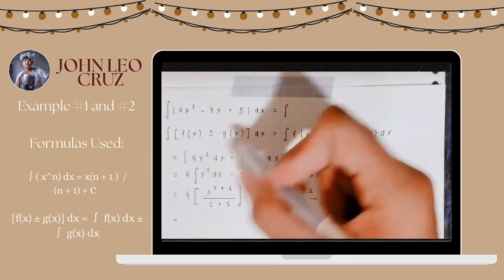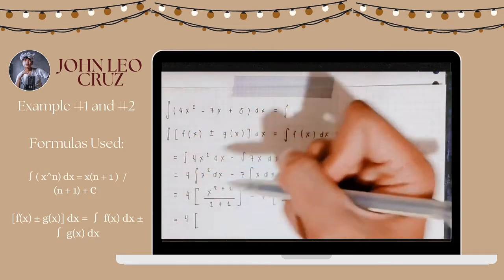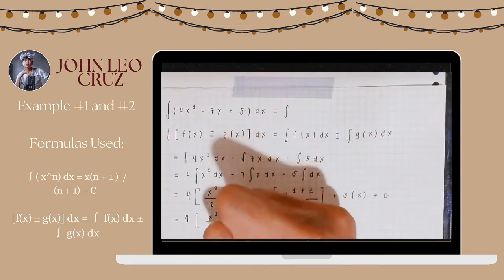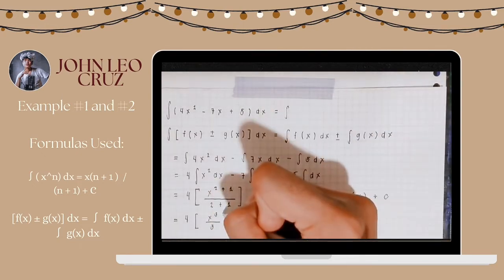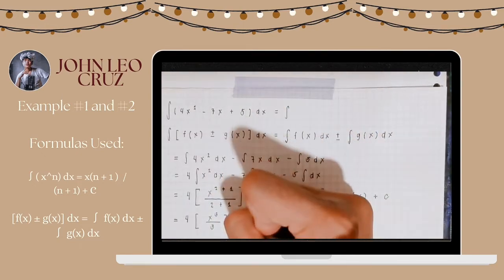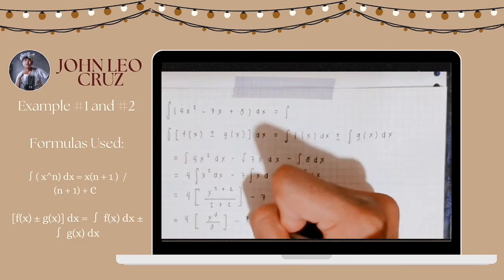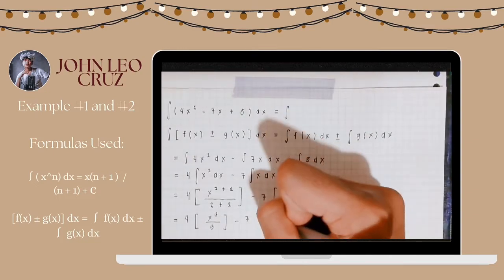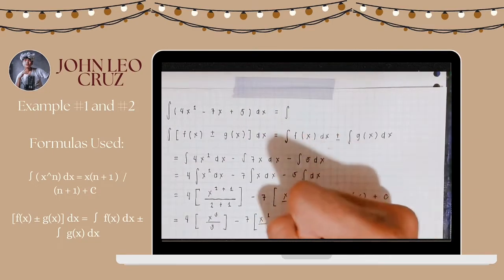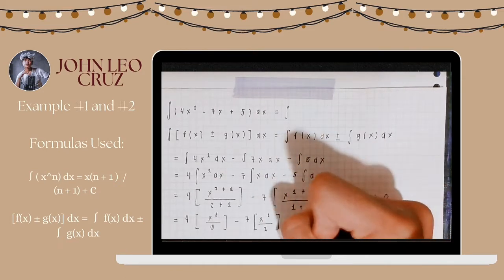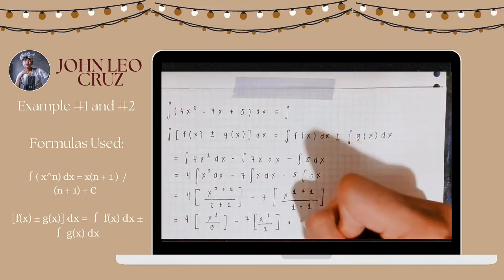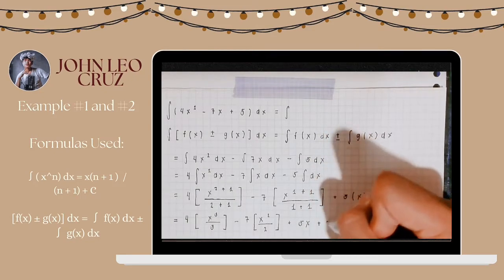To simplify, 4 x cubed over 3 minus 7 x squared over 2 plus 5x plus c.